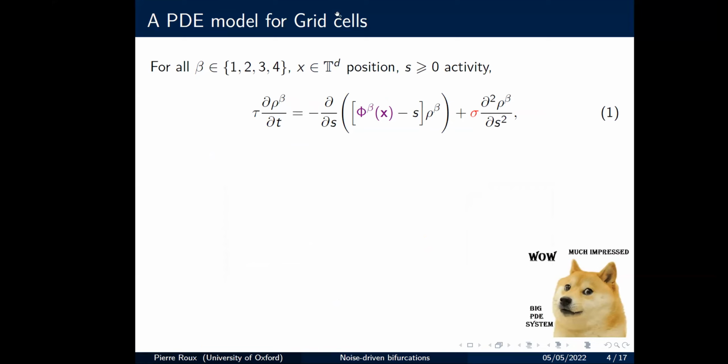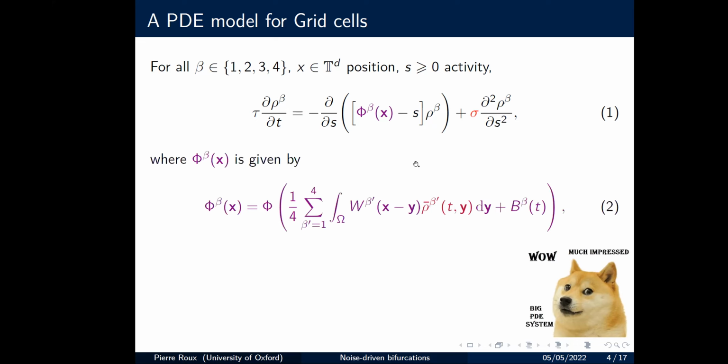And you have a Fokker-Planck type equation akin to the one proposed in the two previous talks. Just this type, we do not consider voltage, but activity of the neurons. And so we don't have exactly the same structure. To have derivative in time of the density, a shift, and the noise, which is with strength sigma. And this strength of the noise sigma will be very important in our analysis.